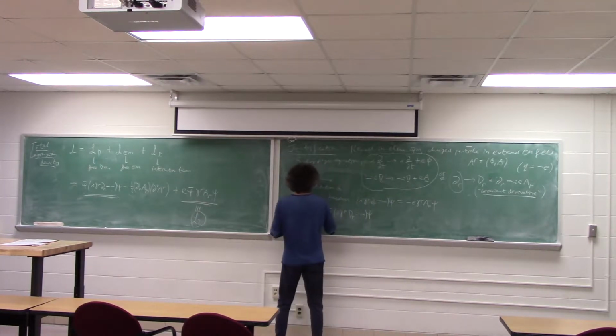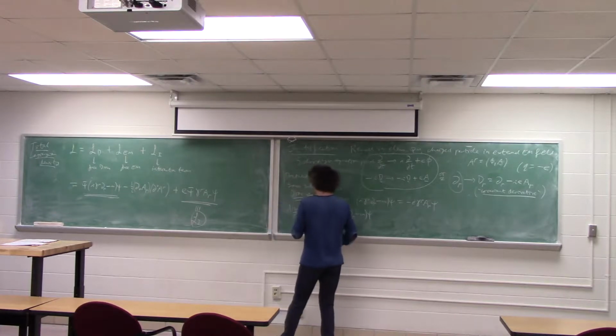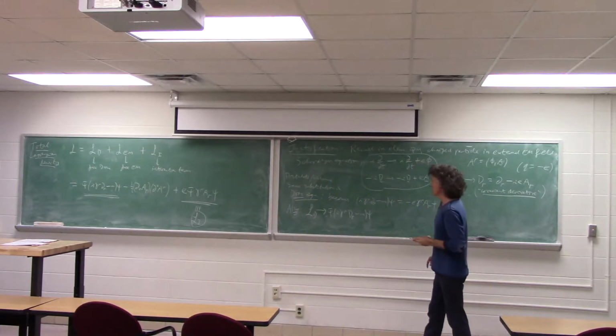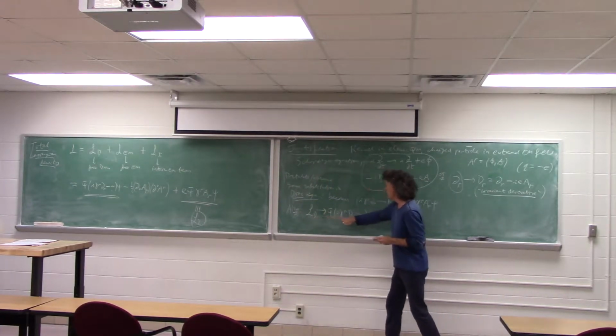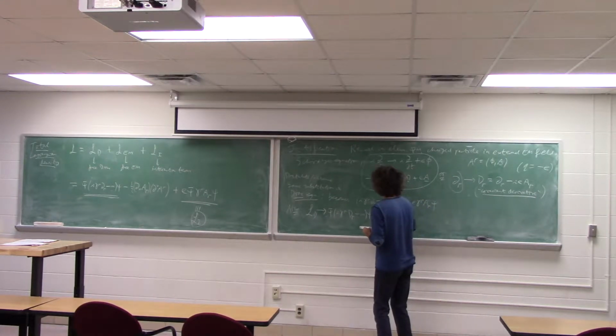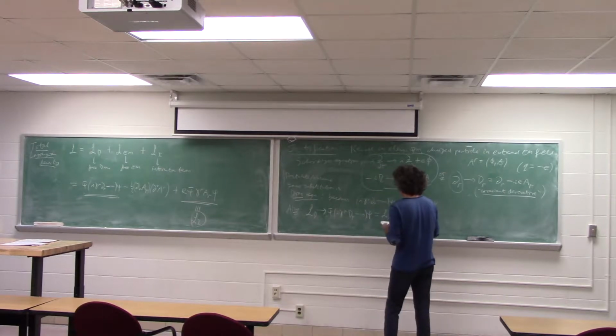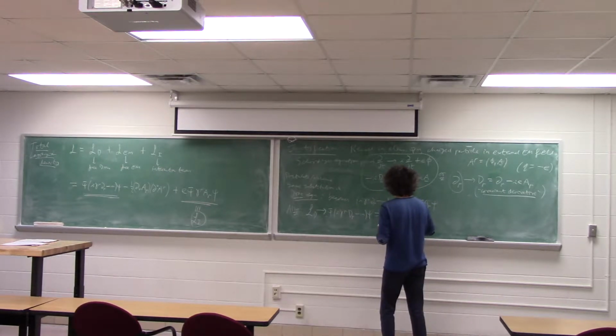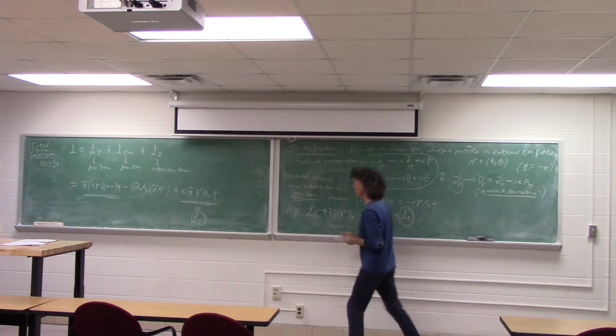Sorry. The Lagrangian density of the Dirac field is replaced by this quantity here, which is just the Lagrangian density of the Dirac field plus our term here.